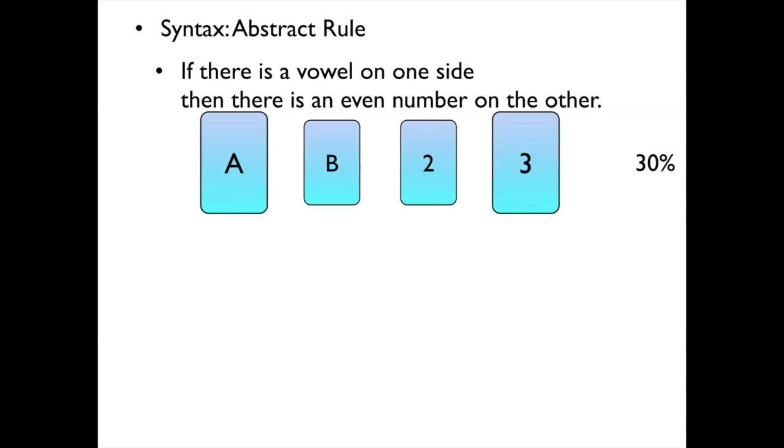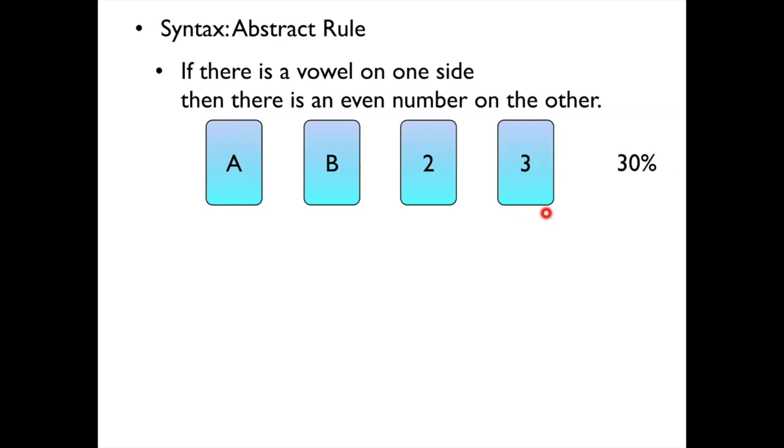It's the last card, right? So if there is a vowel on the other side of this card, then the rule has been violated, right? Because of course, there have to be even numbers on the other side of the card. So this is often a less obvious answer. In fact, if you run these kinds of experiments, you get anywhere from about 10 to 30% of people choosing the correct answer.